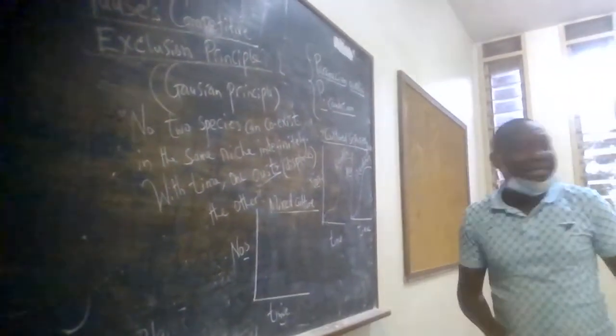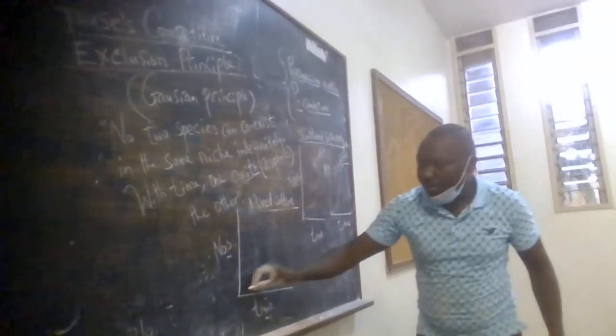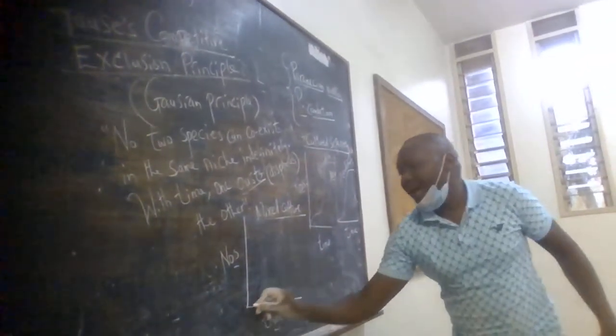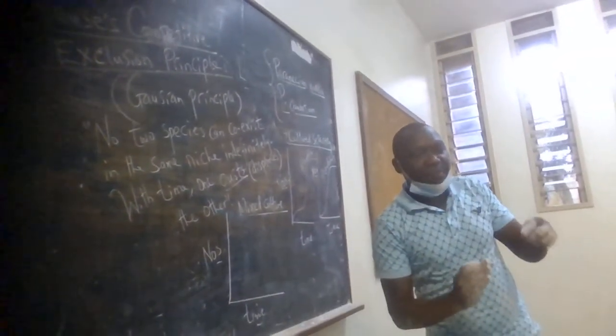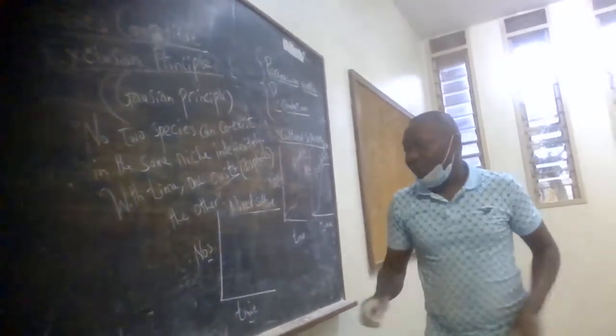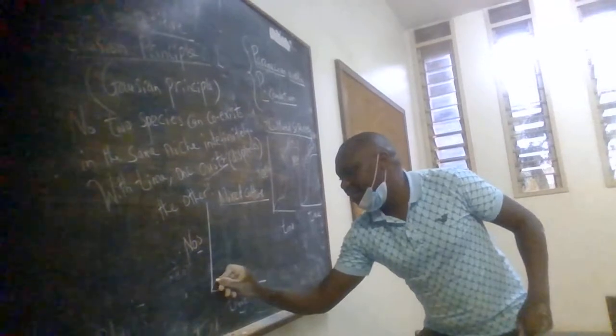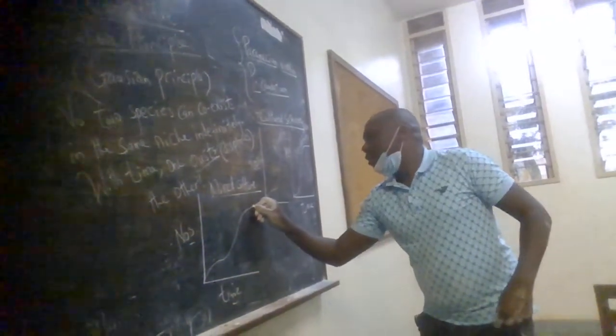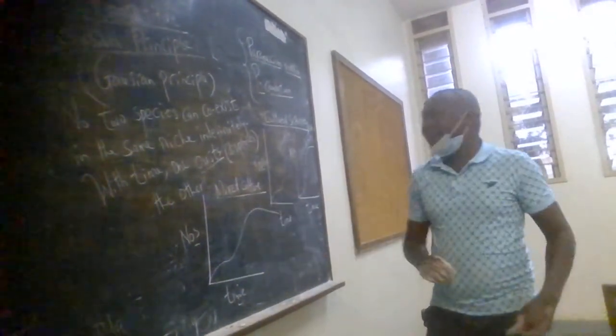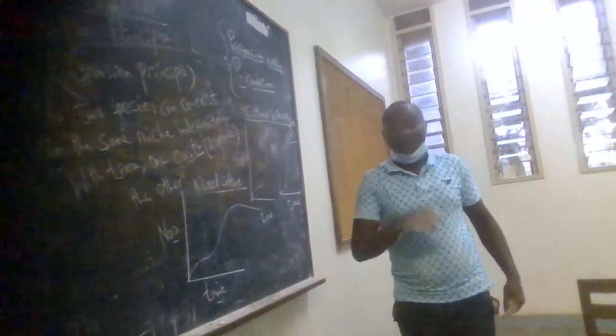But surprisingly, he obtained a normal sigmoid growth curve for Paramecium aurelia, like this. Are we there? Sigmoid.